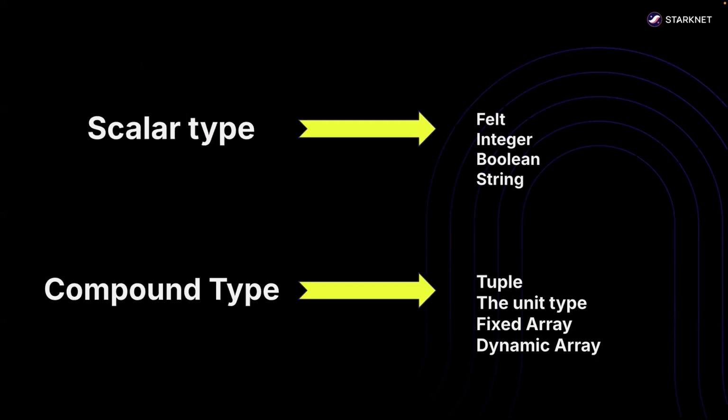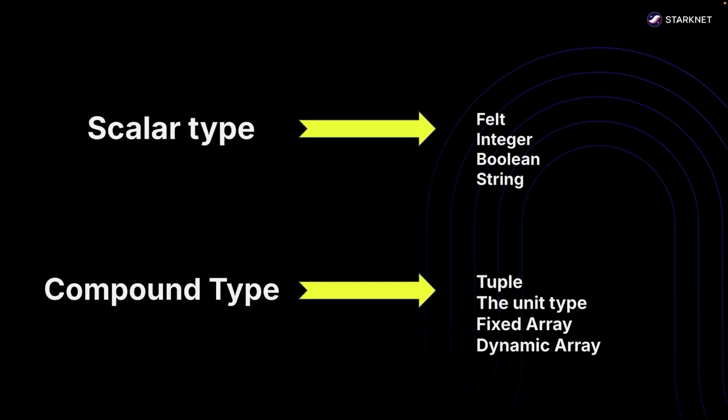We also have integers, our numerical values. Cairo supports integers. Cairo also supports Boolean, which is either true or false. And Cairo supports string. You guys are lucky, because when we started learning Cairo, there was no support for long string, only short string.